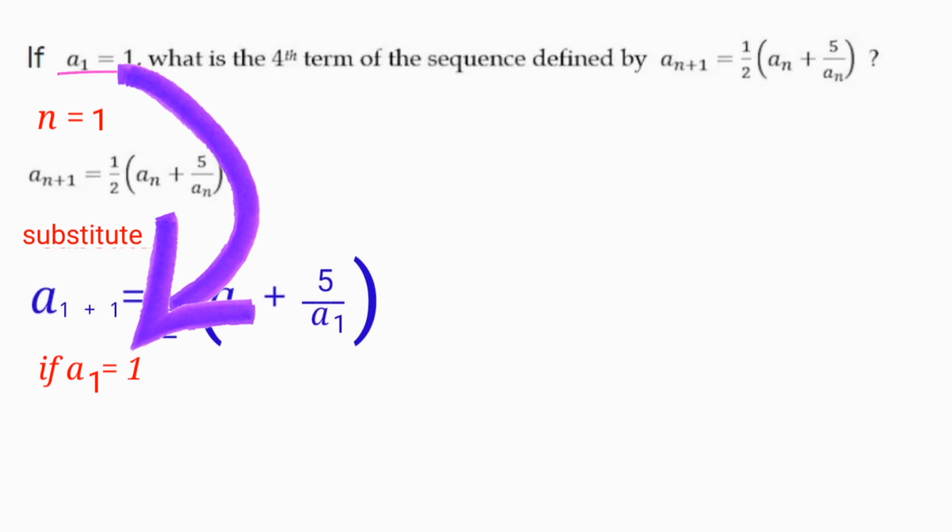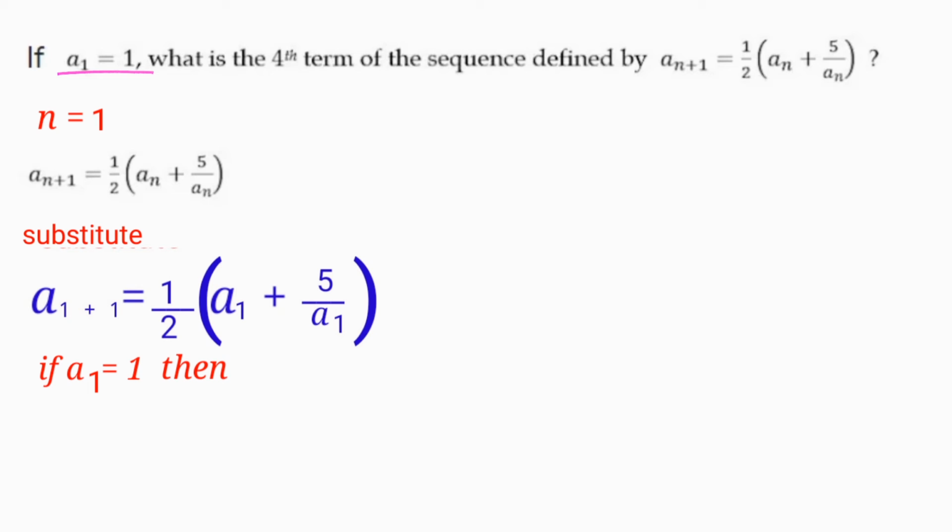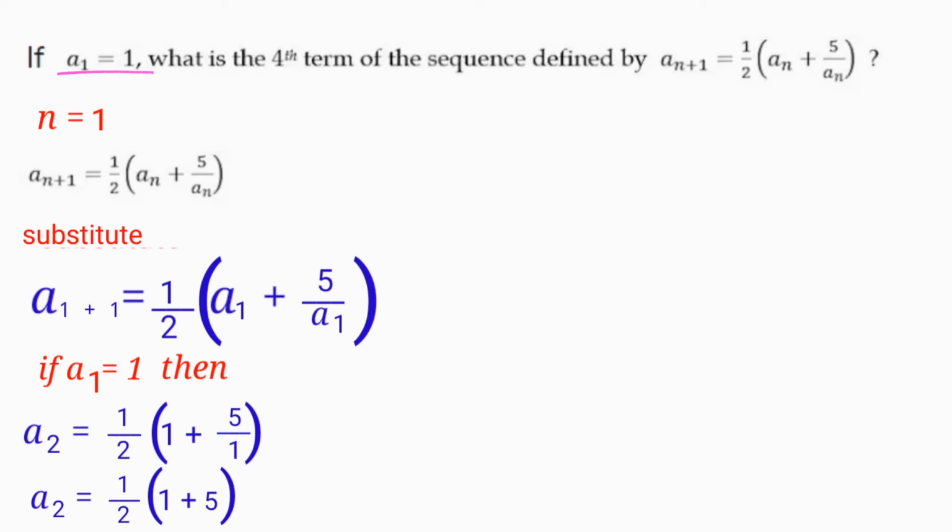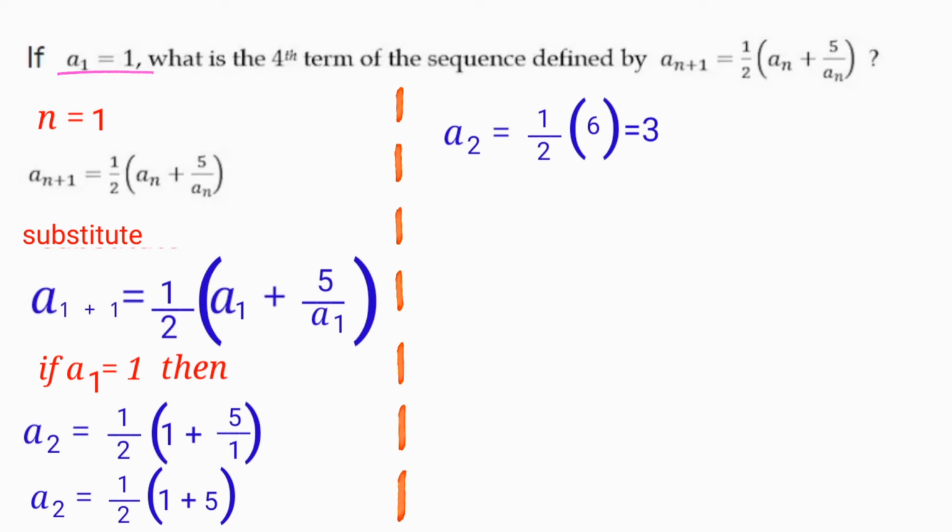If a sub 1 is equal to 1, then a sub 2 is equal to 1/2 times the quantity 1 plus 5 all over 1, which is equal to 1/2 times the quantity 1 plus 5. So a sub 2 is equal to 1/2 times 6, which is equal to 3.